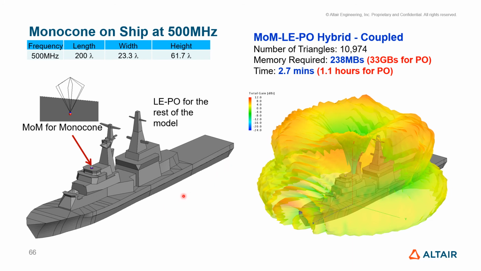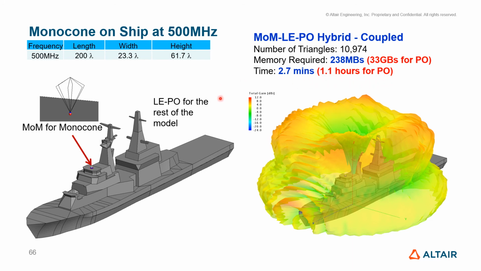Even then, this is an electrically large structure that could have had millions of unknowns with regular physical optics. But with the large element physical optics, you can see that it only took 238 megabytes of memory compared to 33 gigabytes for physical optics, and could solve in less than 3 minutes compared to 1.1 hours for the regular physical optics.